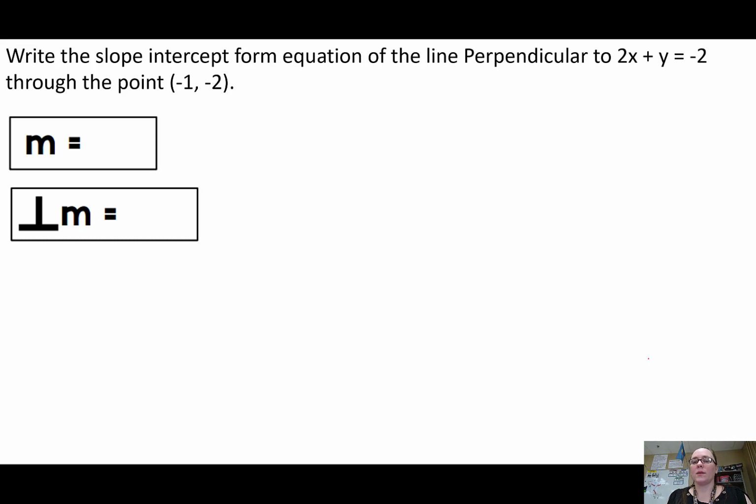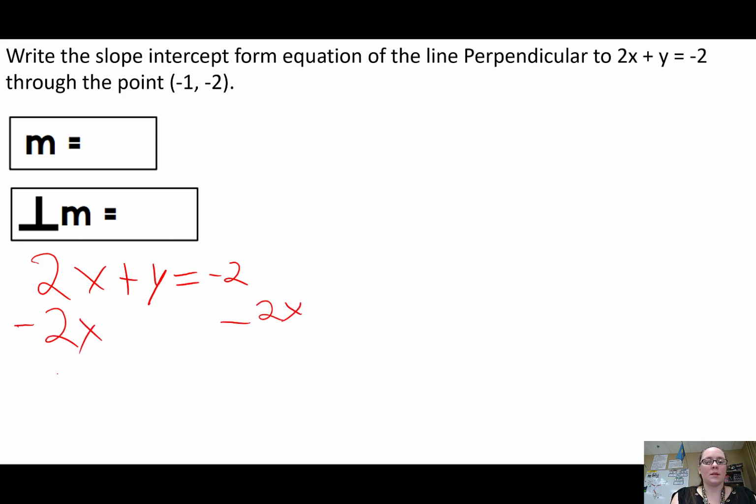Okay, let's go to the next one. So write a slope that's perpendicular. Well, I don't have in slope-intercept form, do I? So we need to change it. So we've got 2x plus y is equal to negative 2, minus 2x on both sides. That gives me y is equal to negative 2x minus 2.